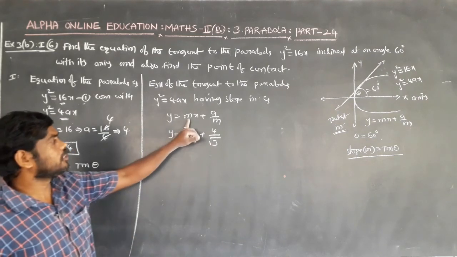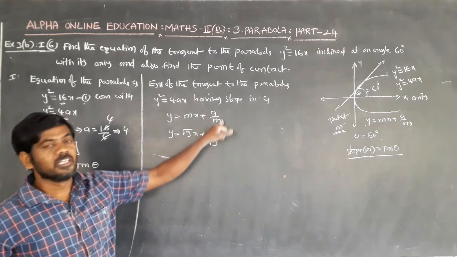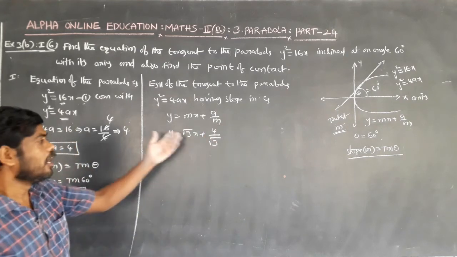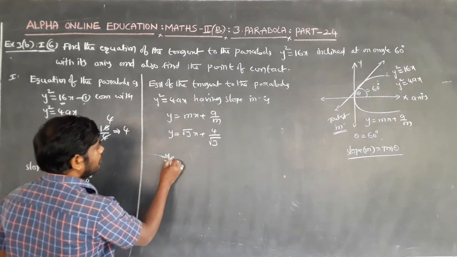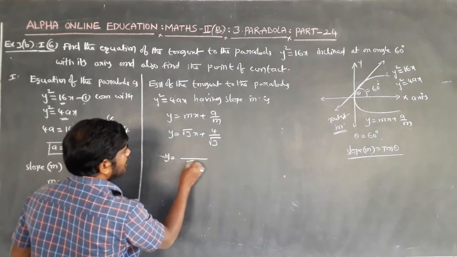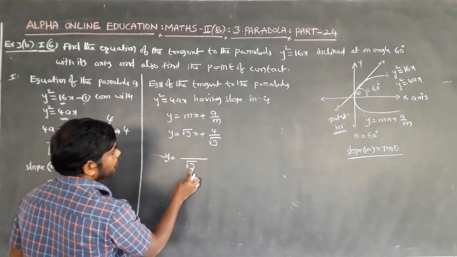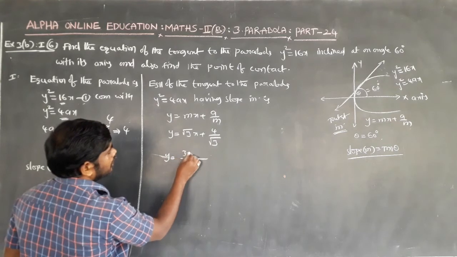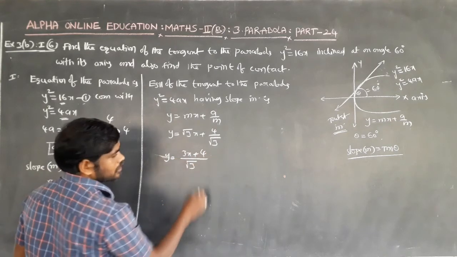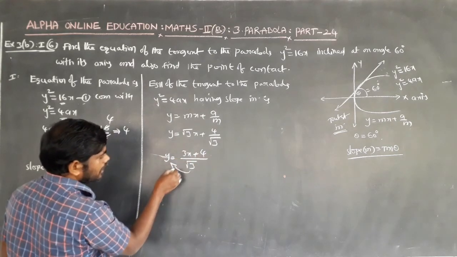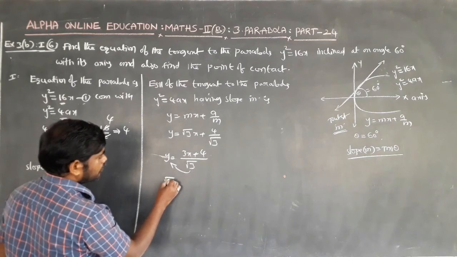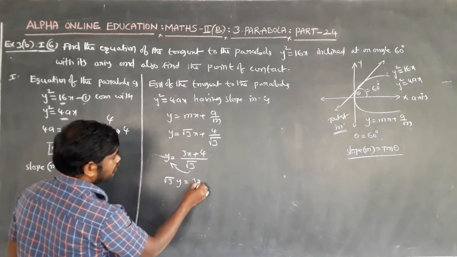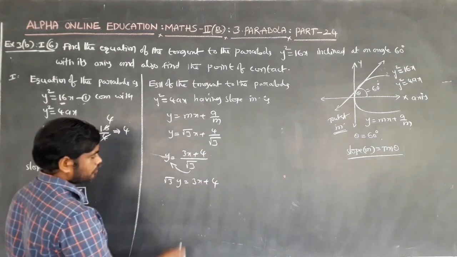Here substitute m is equal to root 3, a is equal to 4, and simplify. Taking LCM root 3, y is equal to (root 3 into root 3, 3x plus 4) by root 3. Taking root 3 to the left side, root 3 y is equal to 3x plus 4.